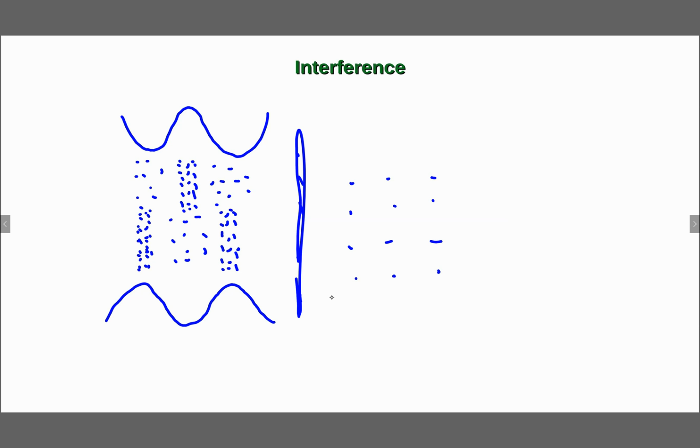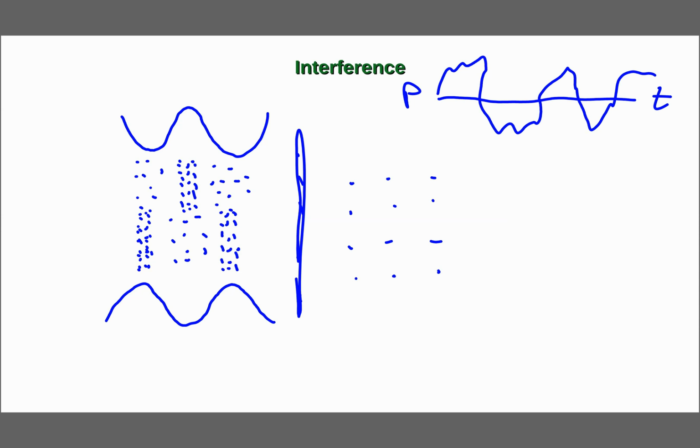So as it comes in, if this is, say, P, and this is time, it might look like this. Because the outside world has a whole bunch of frequencies all getting mashed together, and what you get is this noise, this whole conglomeration of a wide difference of frequencies.